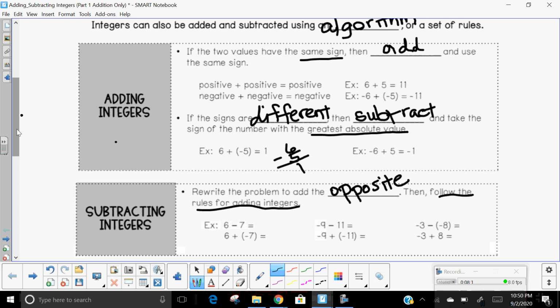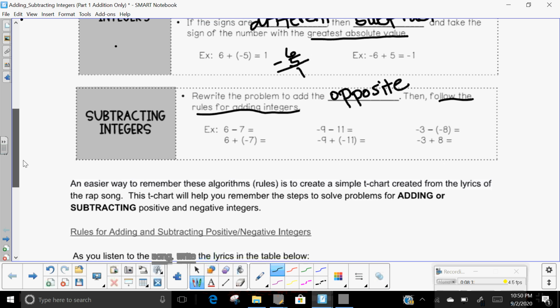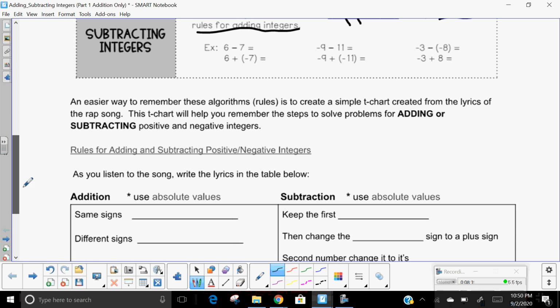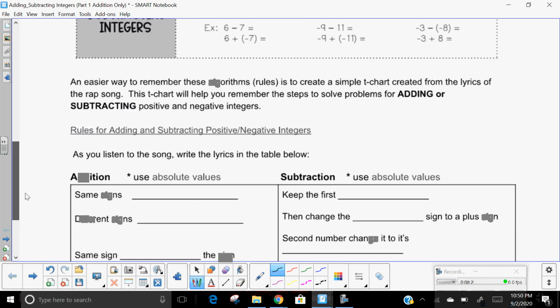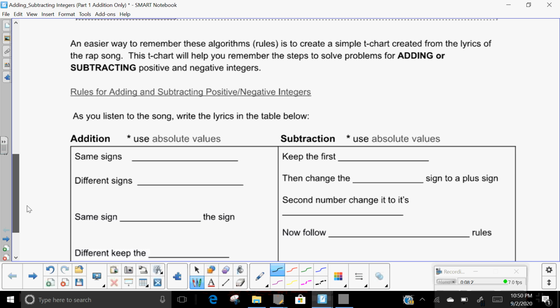Okay, but we're getting all sorts of words up here and it gets kind of confusing. So I want to teach you maybe a simpler way to remember the rules, okay? An easier way to remember these rules is to create a T-chart based on the lyrics from the rap song.